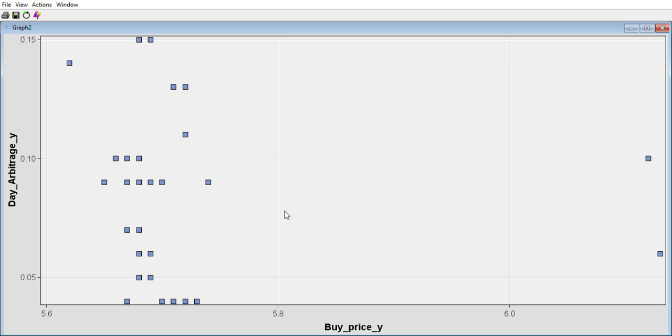Here we can see a slightly different scenario that RHB has to offer, very different from Public Bank. In the case of RHB, for a range of buying price between 5.6 and 5.8, it gives you a lot of opportunity and a window of having different day arbitrage.